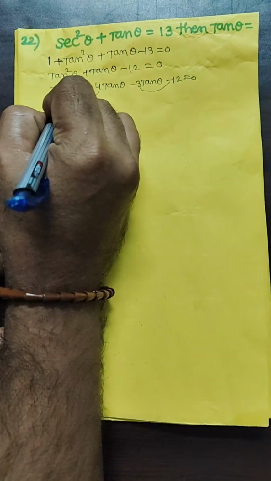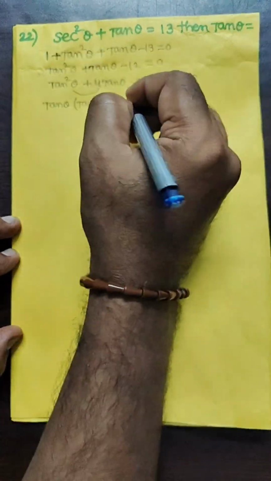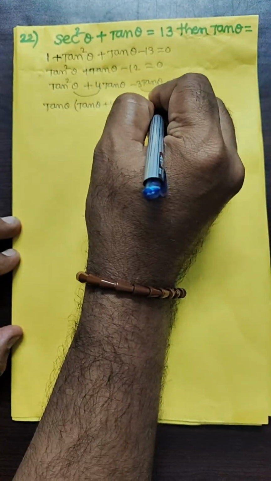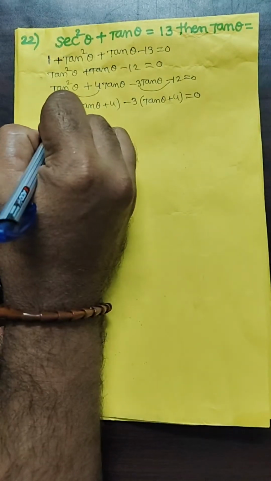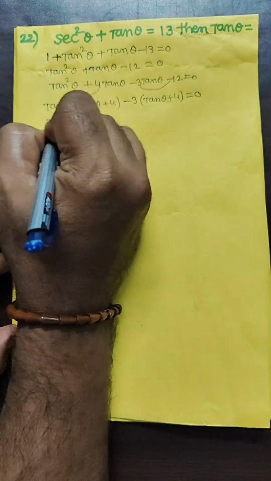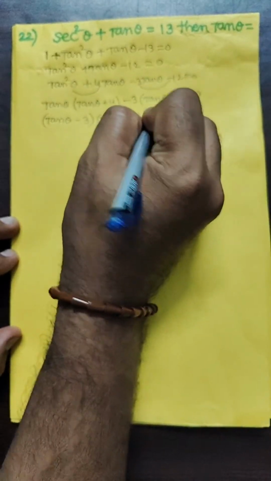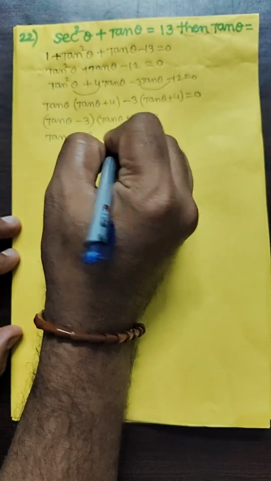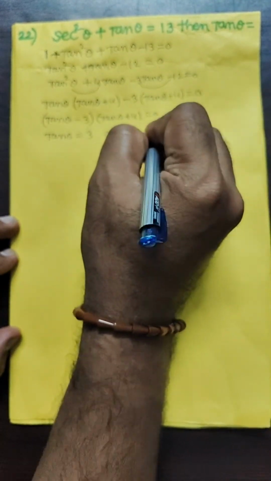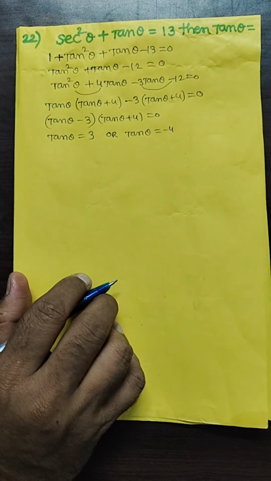So if we take tan theta common, tan theta plus 4, minus 3 take common, tan theta plus 4. So tan theta minus 3 into tan theta plus 4 equal to 0. So tan theta equal to 3 or tan theta equal to minus 4. So tan theta may be 3 or minus 4.